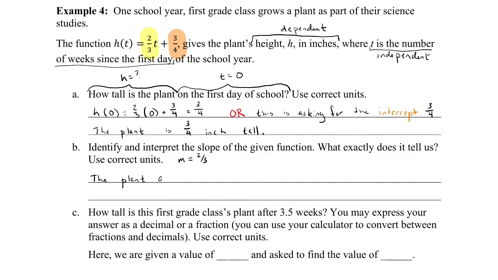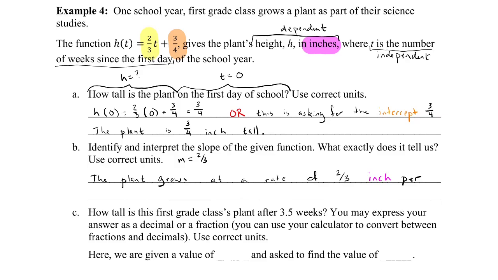So the plant grows at a rate of, we give the value of m, 2/3, and then we'll give the units of h, and then we'll say per, and then we'll give the units of the input variable.